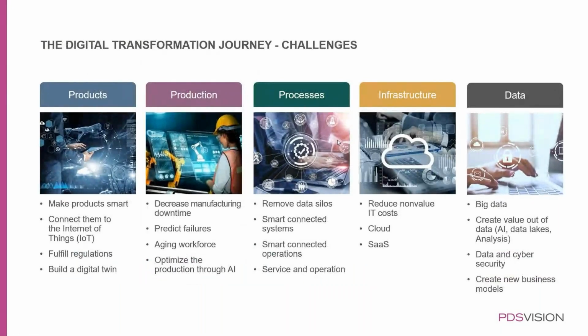So digital transformation, once again, we all know that there are challenges as we move more into the digital world. One of them is our products. One of the things that we want to do with our products as we move forward, of course, is make them smart. We want to connect them through the Internet of Things. We also want to fulfill regulations and build a digital twin.